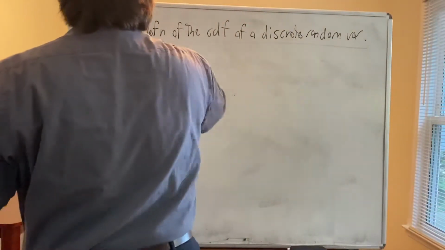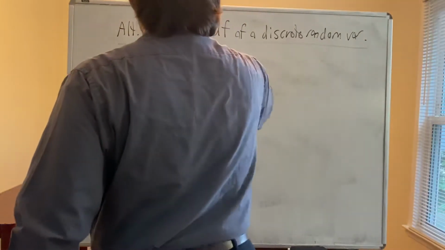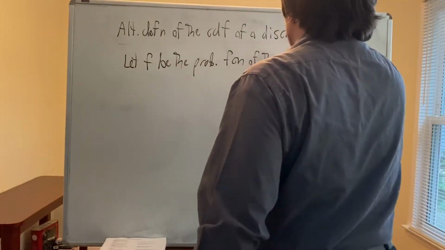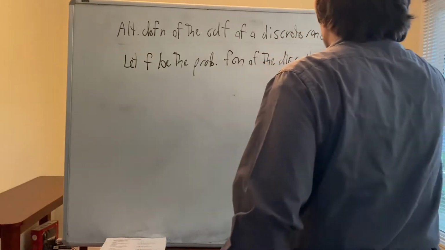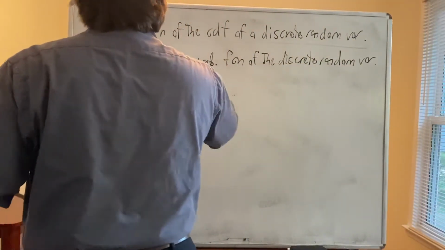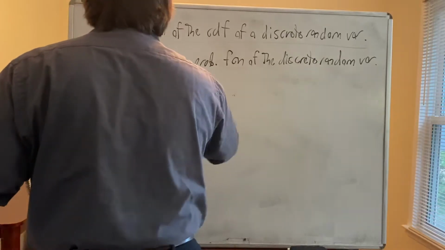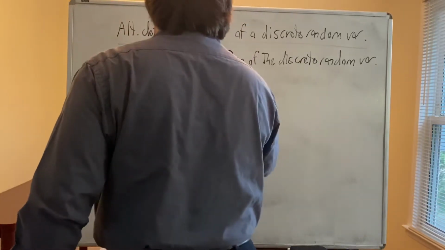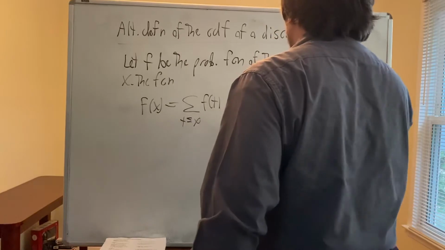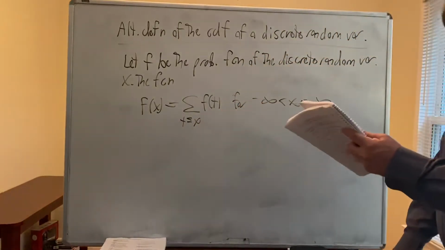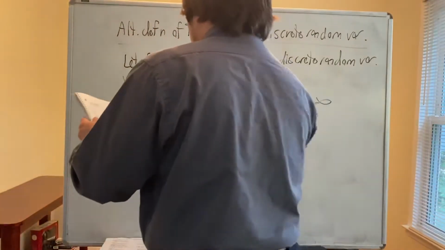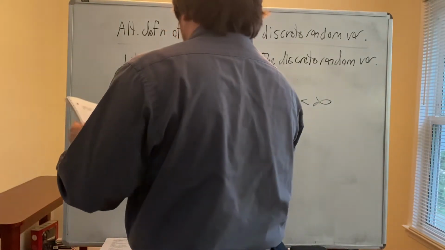Let little f be the probability function of the discrete random variable capital X. The function capital F of x is equal to the sum over t less than or equal to little x of f of t, for -infinity less than x less than infinity, is the cumulative distribution function, which I'm going to abbreviate CDF, the CDF of capital X.